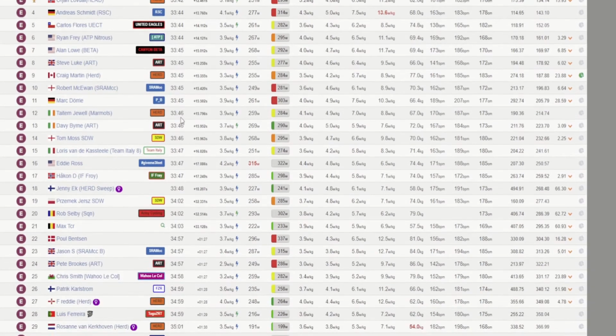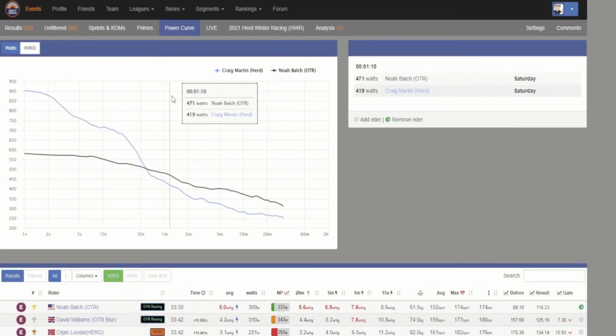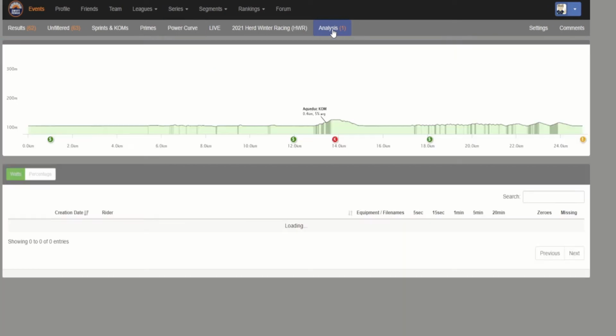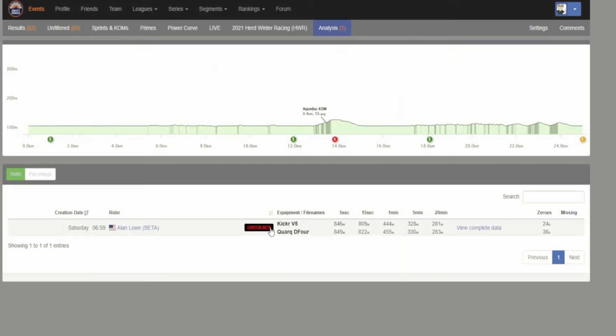So that is that. You'll also see in analysis anyone that did dual recording. Only one person did dual recording for this race, and they're right there.